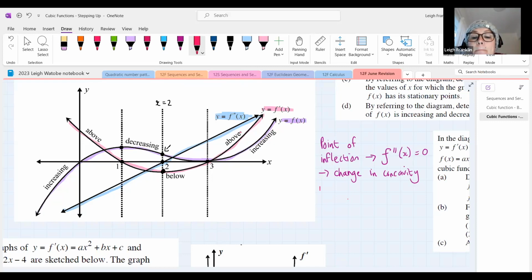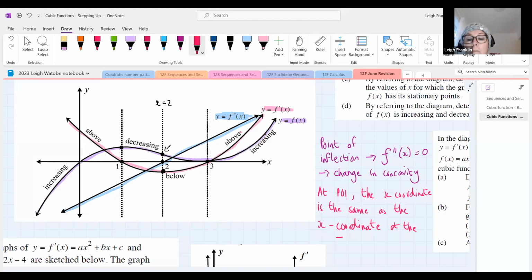So at your point of inflection, the x coordinate is the same as the x coordinate of your first derivative.